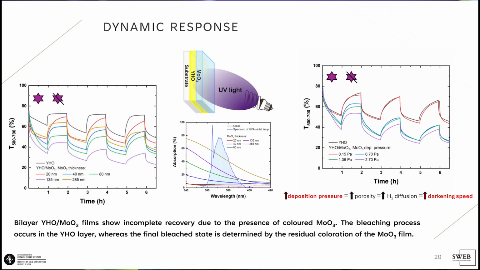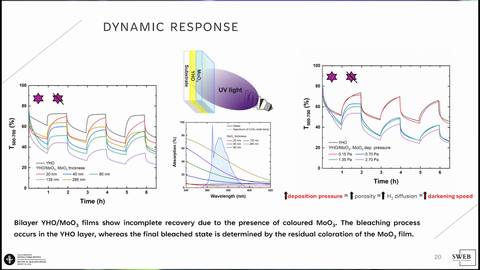There you see these plateaus at the end of the second hour, and this is because molybdenum bronze doesn't recover, or molybdenum oxide doesn't recover back, and all the bleaching happens in the yttrium oxide hydride film.